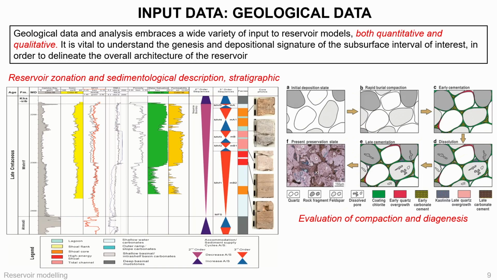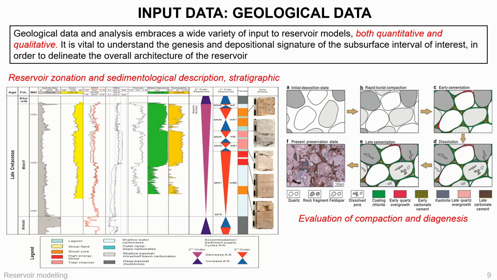Geological data includes reservoir zonation, stratigraphy, sedimentology, and an understanding of depositional environment and diagenesis. This is what allows you to build a realistic conceptual model of architecture, channels, shore faces, bars, turbidites, carbonate platforms, and not just interpolate properties mathematically.